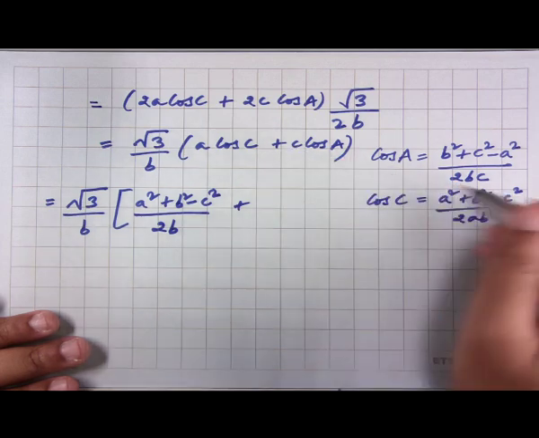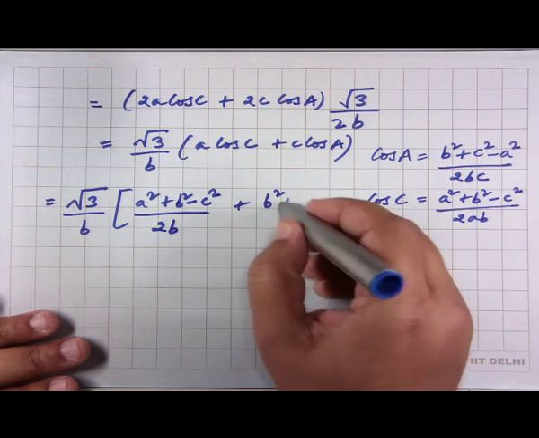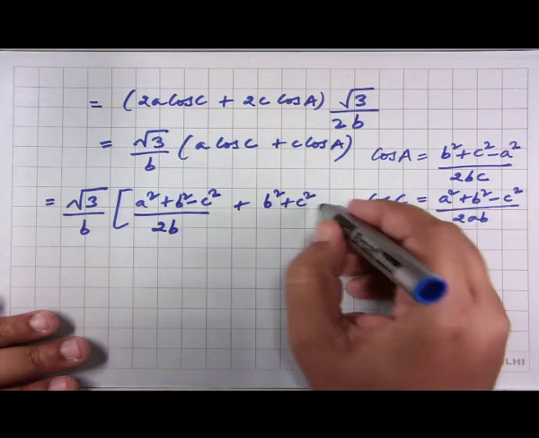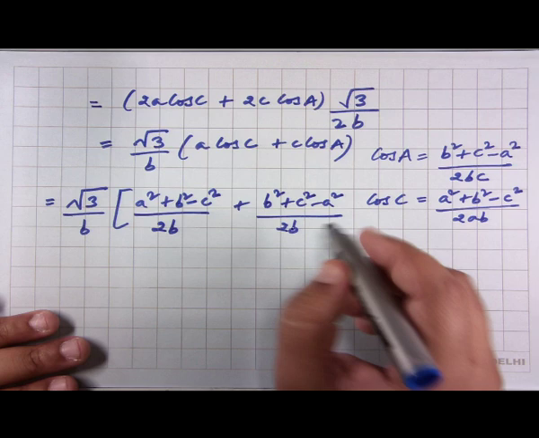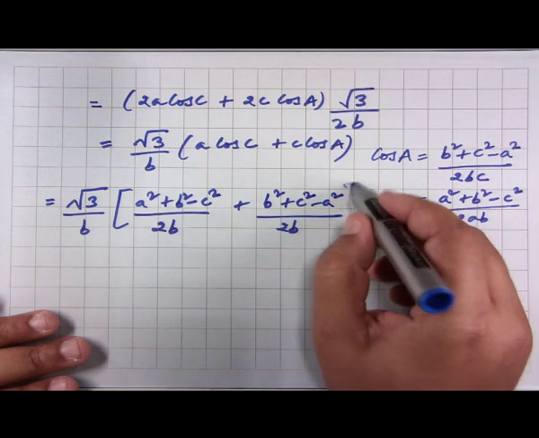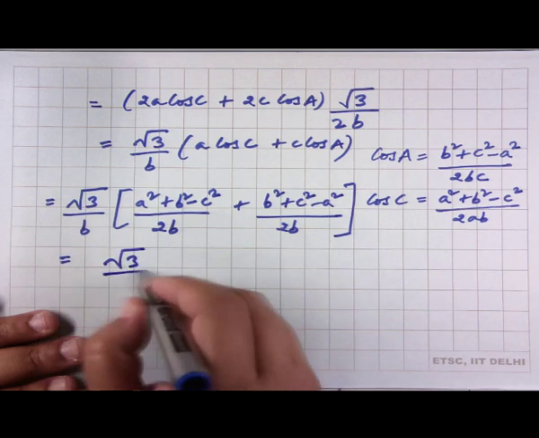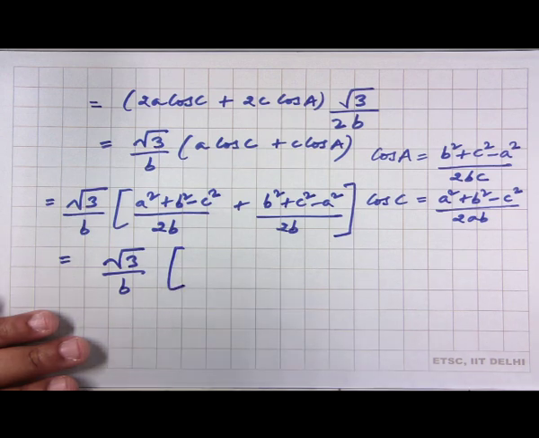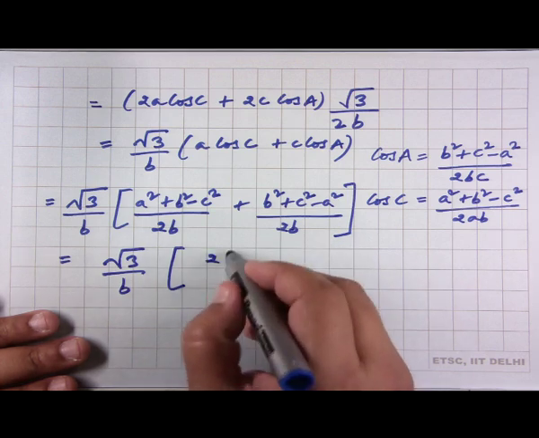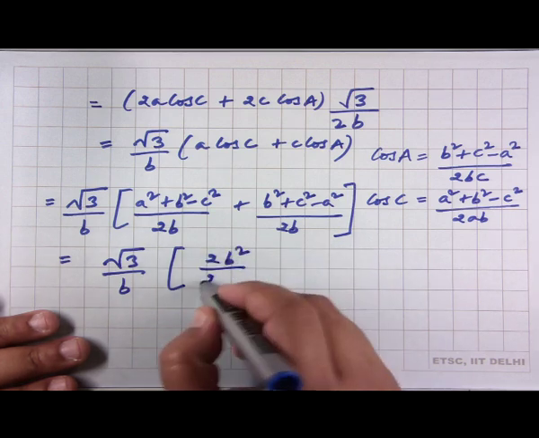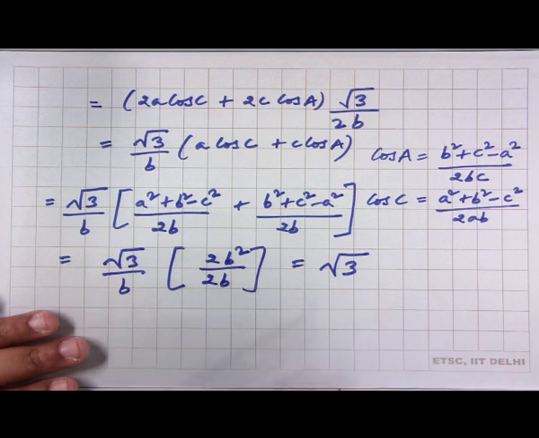So, the c will get cancelled with this c, and what we have then is b square plus c square minus a square upon 2b, which is equal to square root of 3 by b into, and after doing the addition here we get 2b square upon 2b, and this obviously is equal to square root of 3.